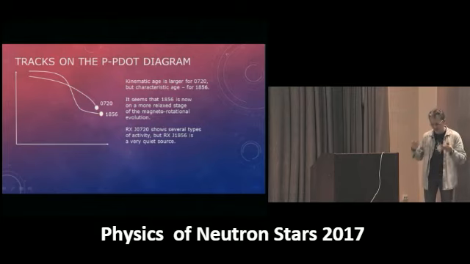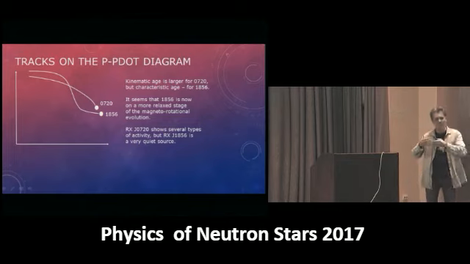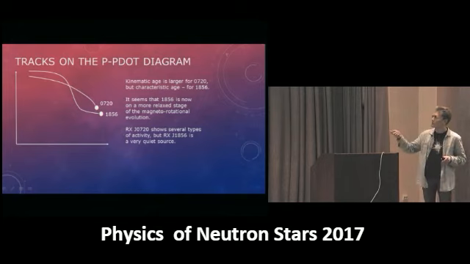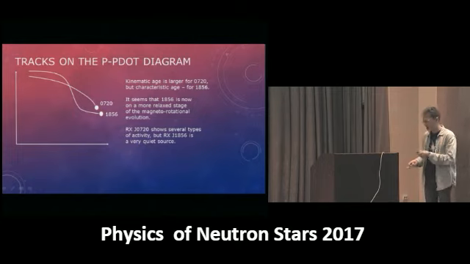Normally when we model, we put the same law of magnetic field evolution for all initial fields. So parameters can be scaled, but we don't expect that evolutionary tracks on the P-Pdot diagram cross. Here, if we believe all the data, in particular that kinematic ages are really representative of the real ages of the stars, then the evolutionary tracks must cross on the P-Pdot diagram. That would be an interesting thing.